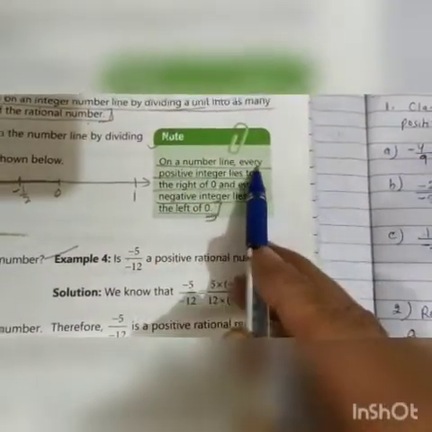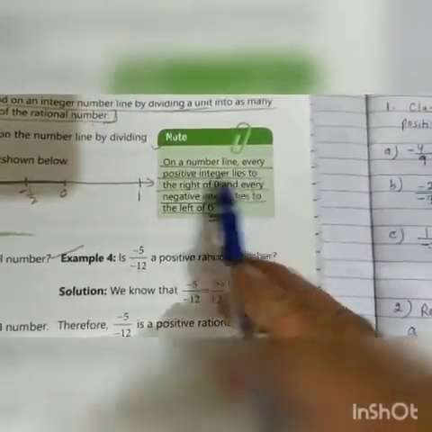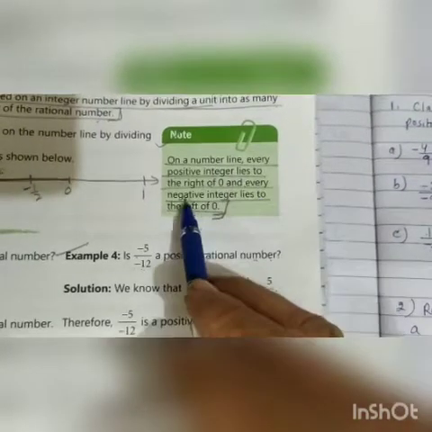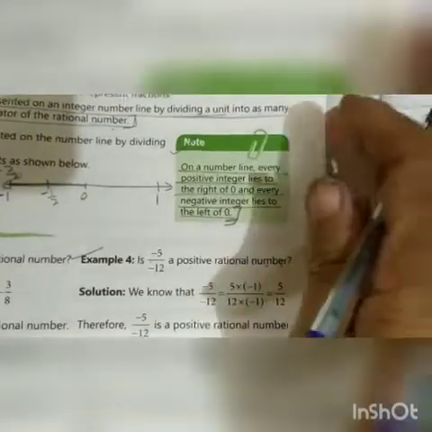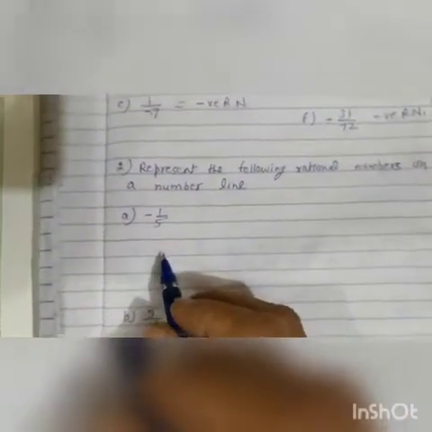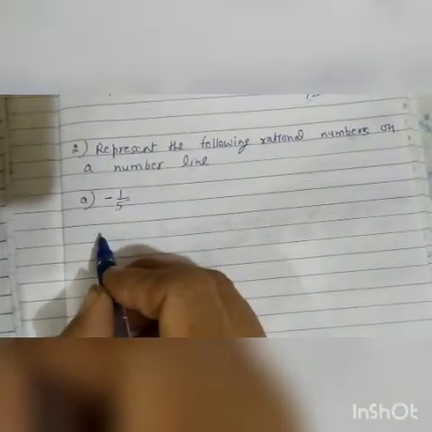See in your book. On a number line, every positive number lies to the right of 0 and every negative integer lies to the left of 0.